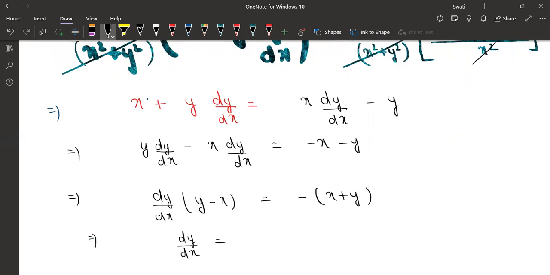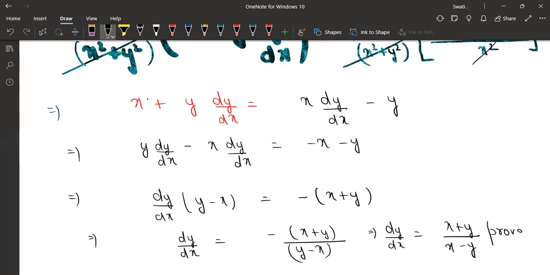Dy dx will be simply minus x plus y, and then here it is y minus x, right, inside the bracket, which is same as dy dx as it is, and this is x plus y as it is, and this minus sign, if I shift in the denominator, so it will become minus minus plus x and then minus y, and this is what we wanted to prove, hence proof.